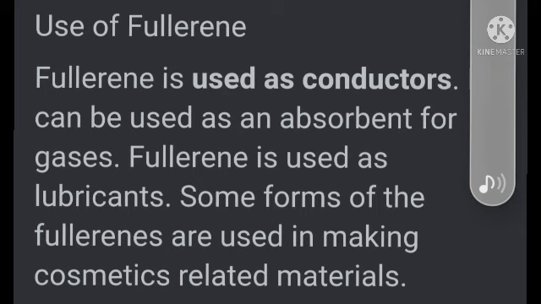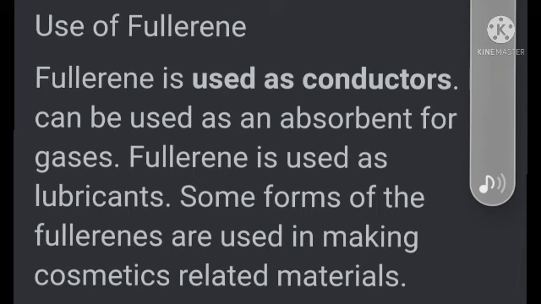So children, the three crystalline forms of carbon are finished. Today's homework for you: first one, write 5 properties of graphite. Second one, write 5 uses of graphite.